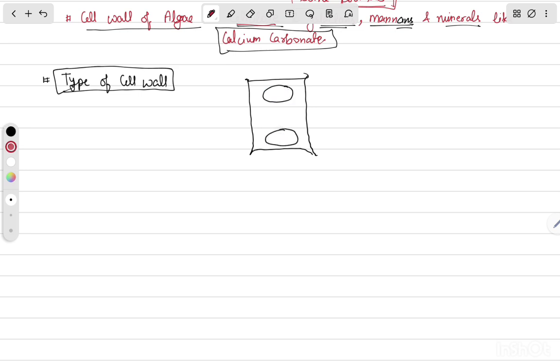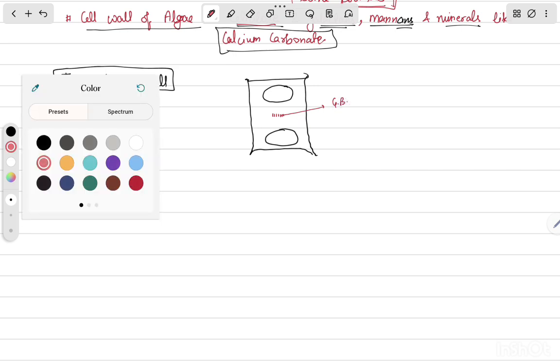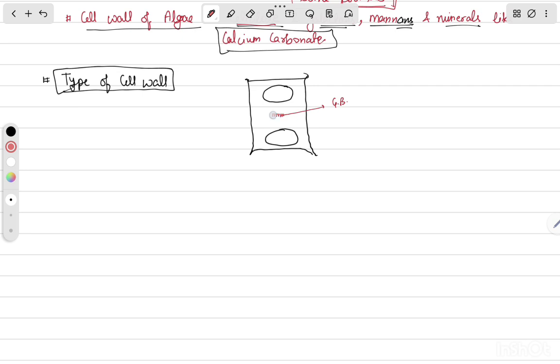Two nuclei are formed at the middle of the cell. There is deposition of Golgi bodies, right? These Golgi bodies will form a layer of pectate. That is a layer of pectate. This layer of pectate is the middle lamella.